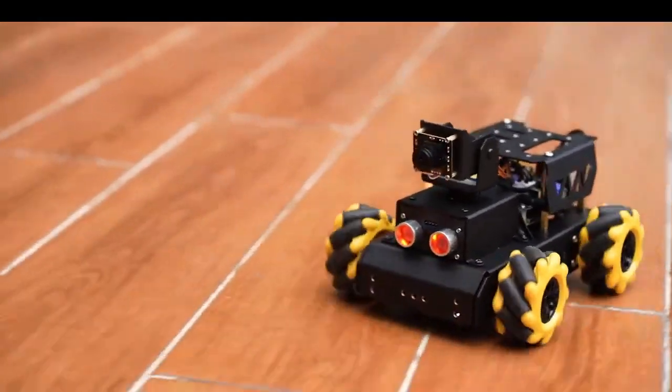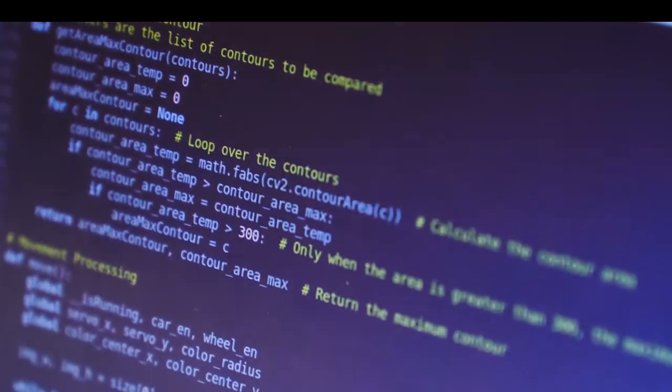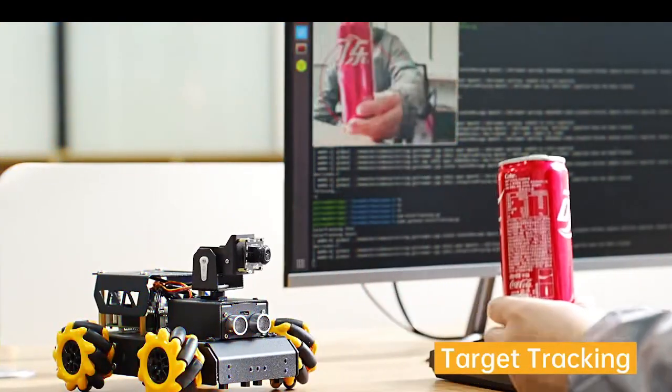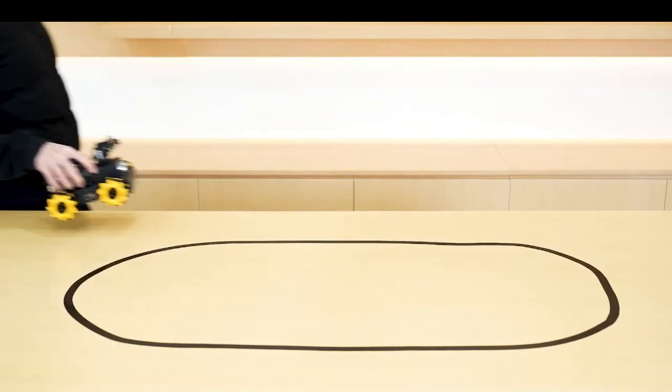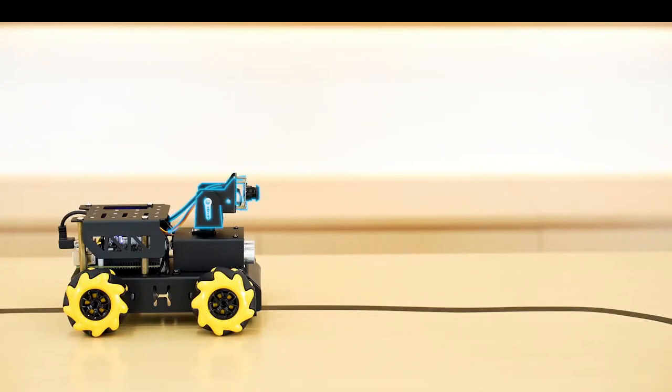It follows the cat, follows the ball, also follows the path.